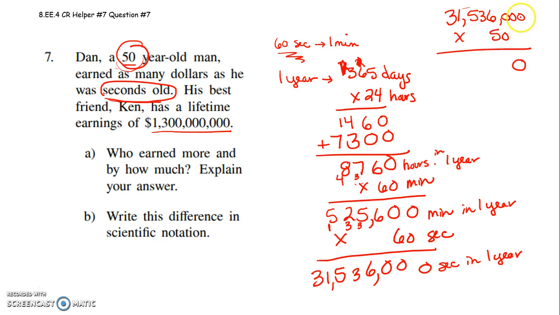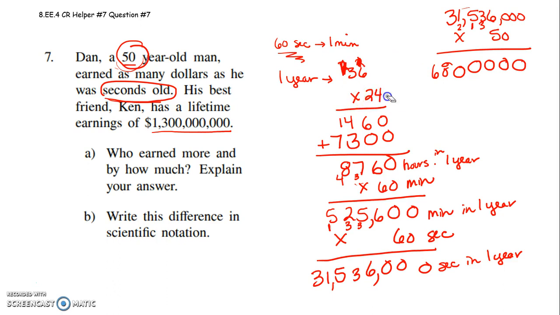So we have a 0. 5 times 0 is 0. 5 times 0 is 0. 5 times 0 is 0. 5 times 6 is 30. Put down a 0, carry a 3. 5 times 3 is 15, and 3 more is 18. Put down an 8, carry a 1. 5 times 5 is 25, and 1 more is 26. Put down a 6, carry a 2.